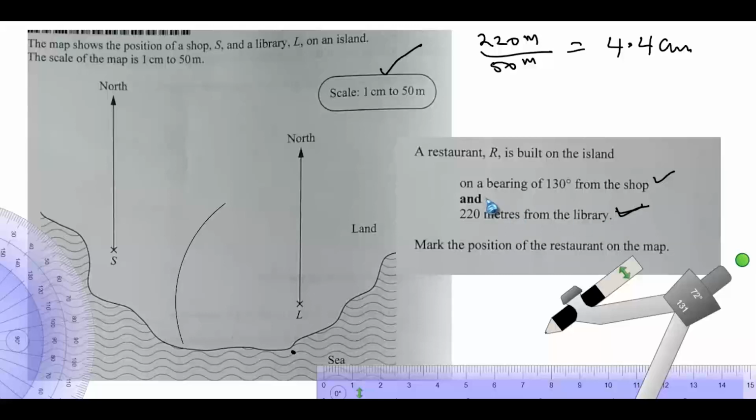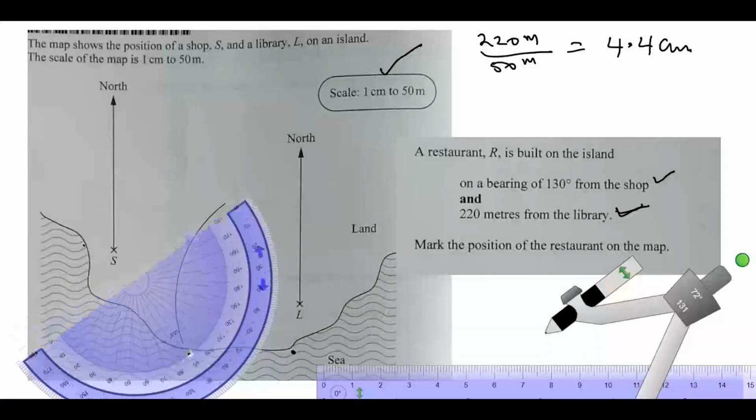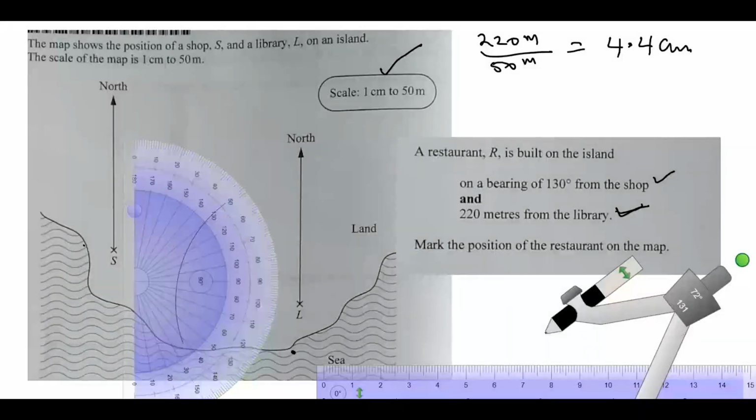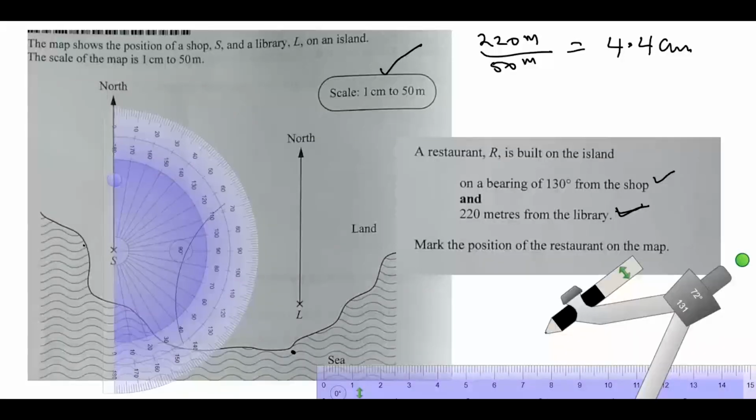So the first condition is on a bearing of 130 degrees from the shop S. So we take a protractor and place it on point S. The center of the protractor will be on point S. So let's rotate this to be 0 degrees. The center of the protractor should be on point S like this, and then the line will be at 0. So we want to measure 130 degrees.